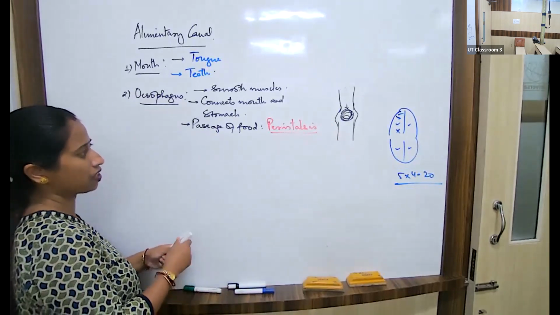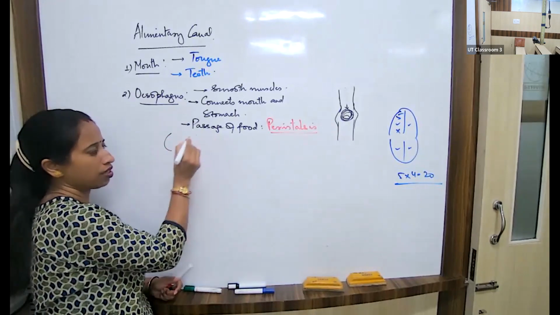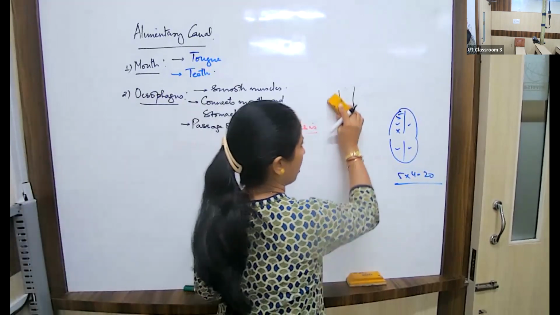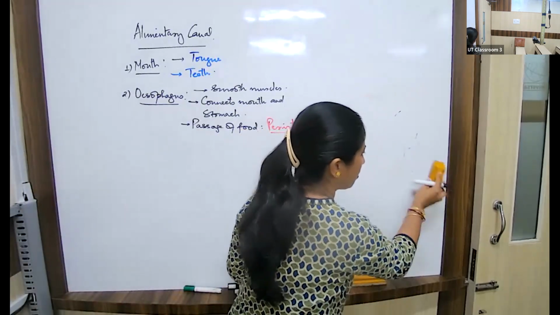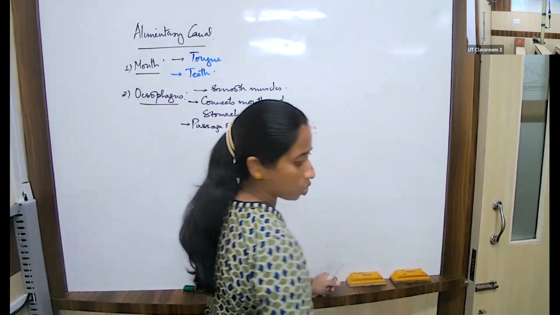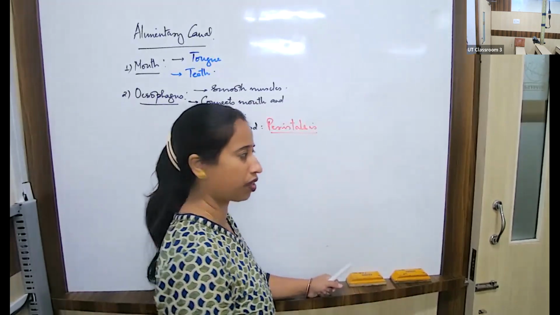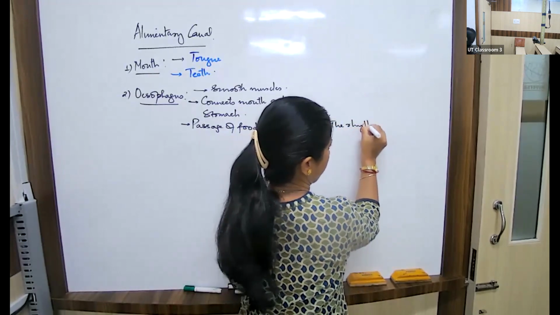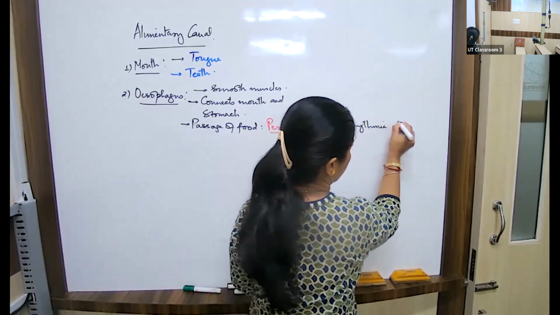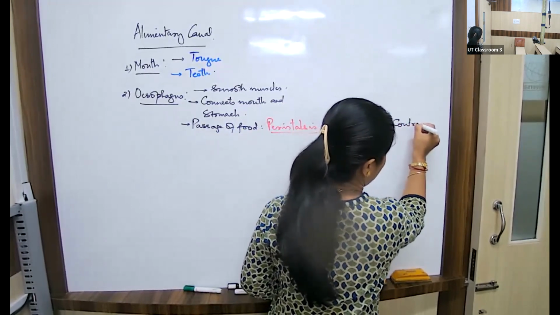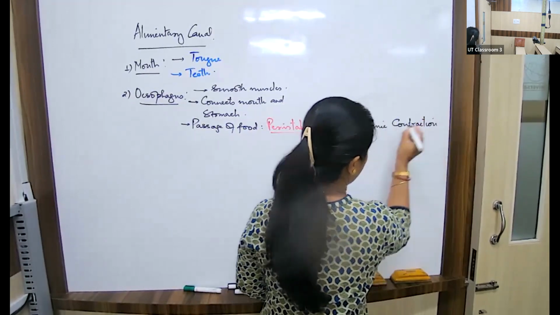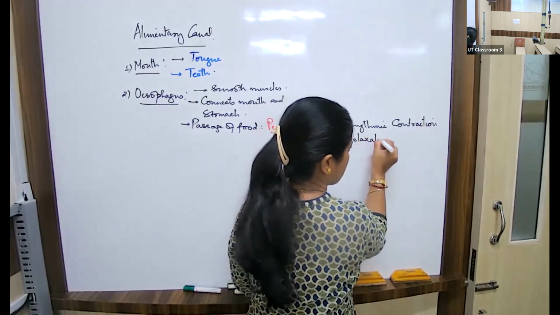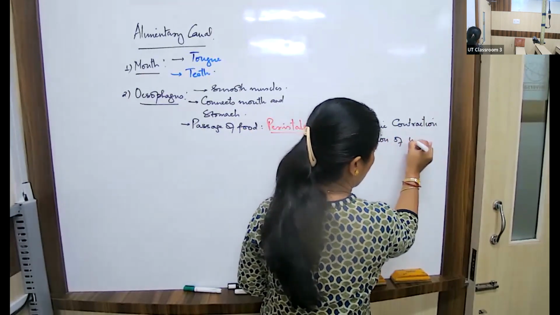Please write it down. This definition is very, very important for you. What is the definition of peristalsis? The rhythmic contraction and relaxation of the walls of the alimentary canal. I started talking about the esophagus, but it is not only happening in the esophagus; it happens all throughout.